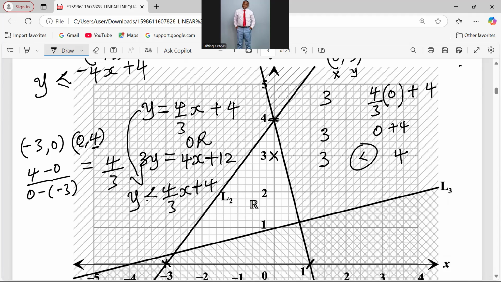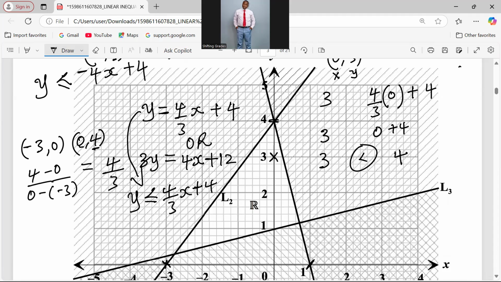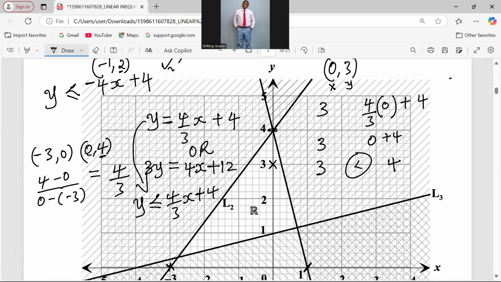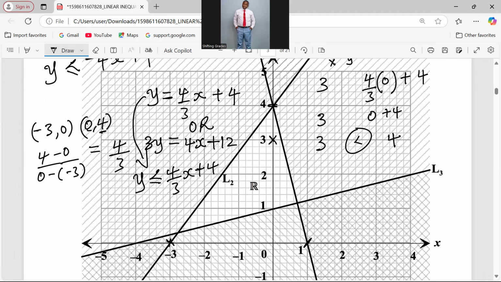But now we have to include again or equal to, simply because the borderline is a complete line. Now that the borderline is a complete line, we are not supposed to forget that relationship. I repeat again, if it was a dotted line, we would have had strictly less than.